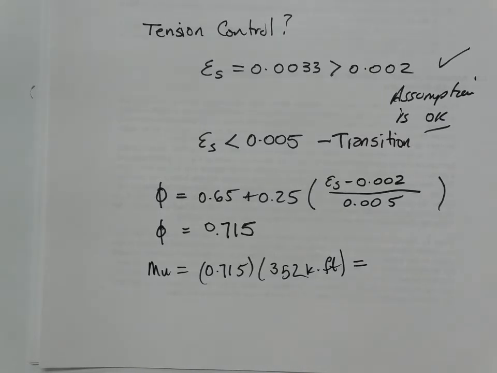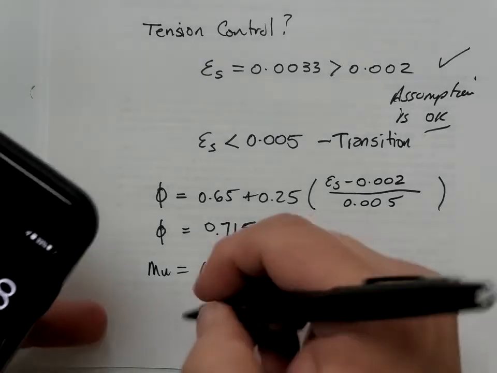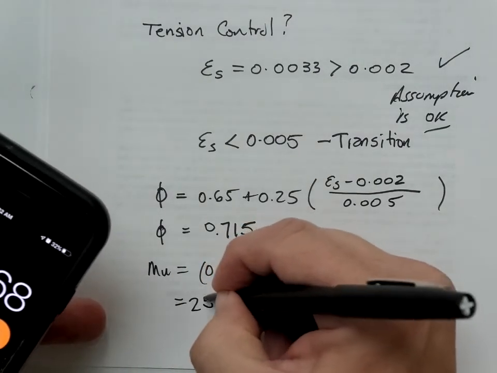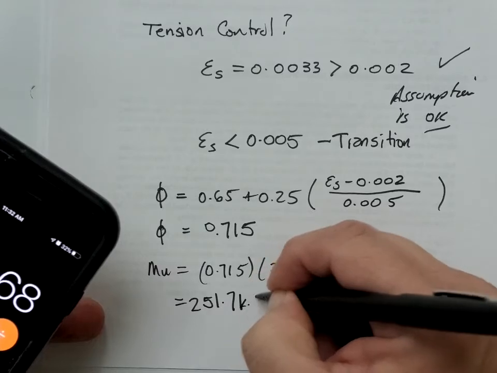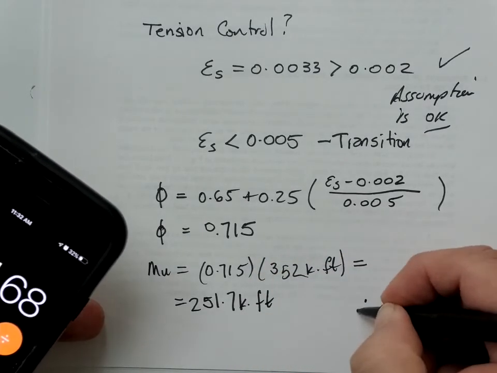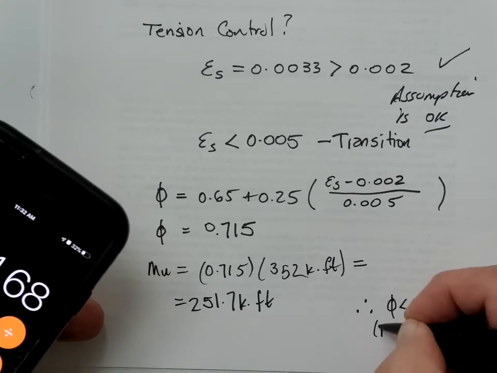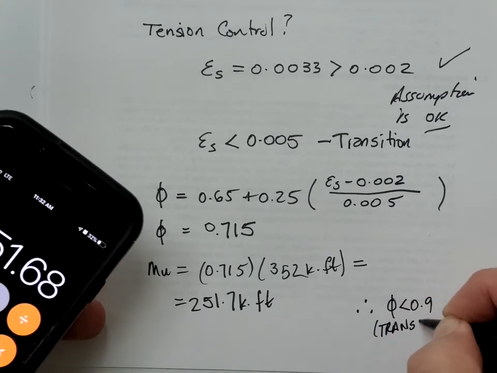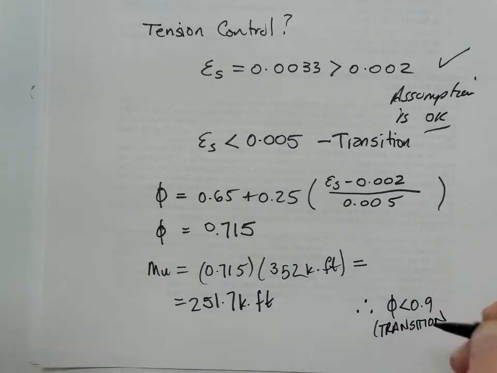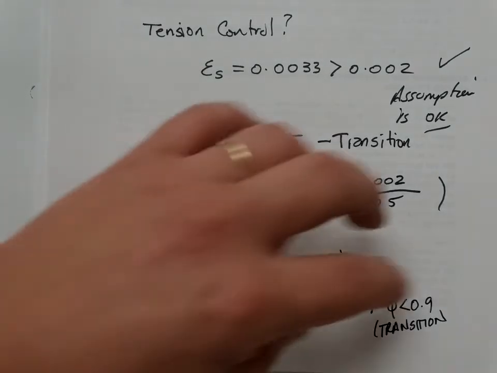Yeah, 251.7, 252, somewhere in there, kip feet. Since phi is less than 0.9, which means we're in transition, is the beam adequate? Does it meet the requirements of the code? Not adequate.